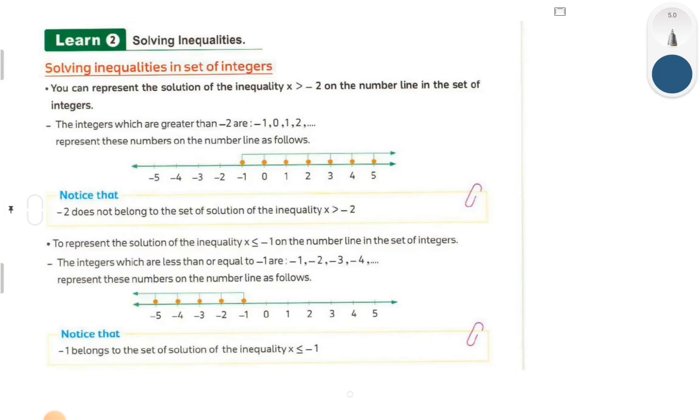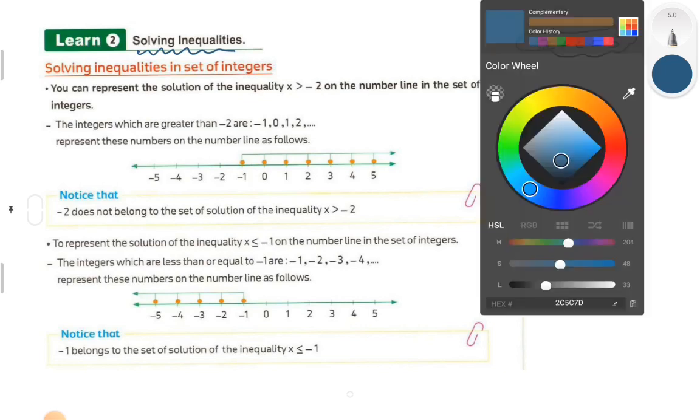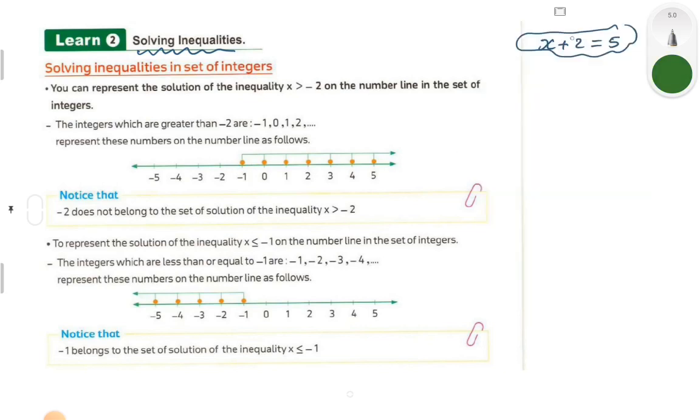Now we have to learn how to solve these inequalities. Before, we studied about what? About equations. This is an equation, and to solve this equation, we said that we have here plus 2.